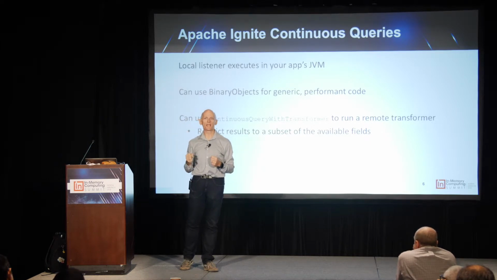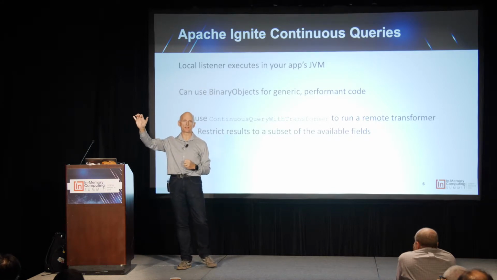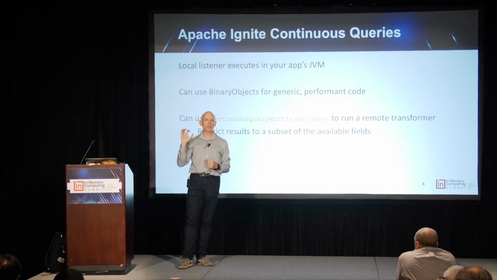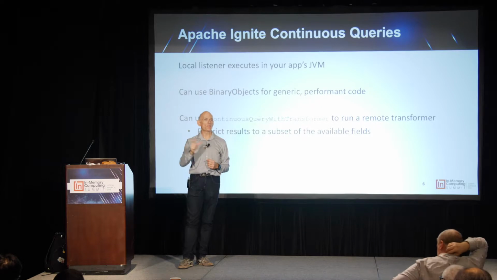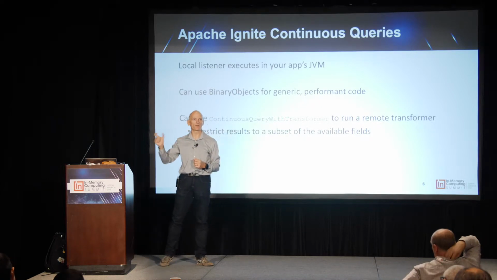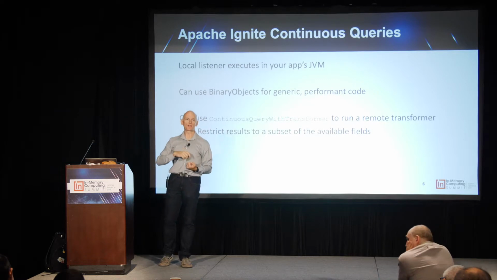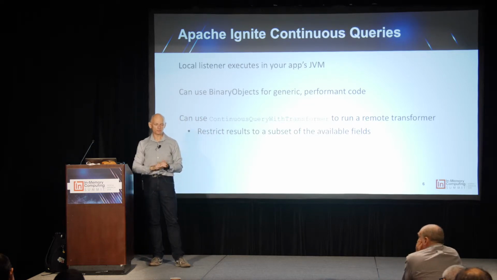So I could literally say, OK, I've got an object key, and then a binary object that's got some keys and values as the data. And as well as being very generic, it's very performant, because I'm not marshalling data in and out of Java objects all the time. I'm just saying, OK, I've got a thing. Give me the name field on this thing.